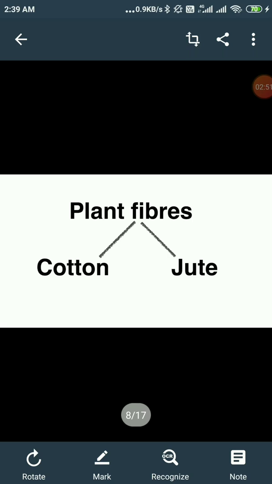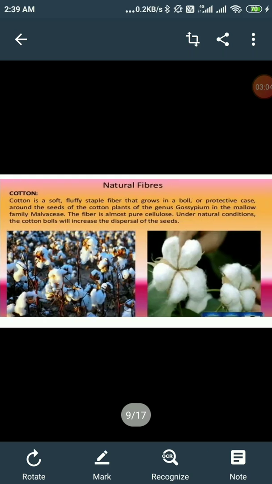We'll learn about the jute also. How do we get jute from the jute plant? How we are processing it? How do we obtain the jute from the plant? And so on.